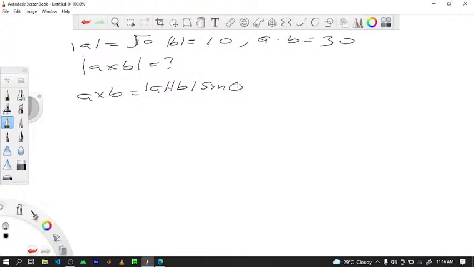And for the dot product, A dot B is equal to magnitude of A times the magnitude of B cos theta, right? Okay, so in order to find the magnitude, we know the magnitude of A, we know the magnitude of B, but we don't know the magnitude of what? Of sine theta.